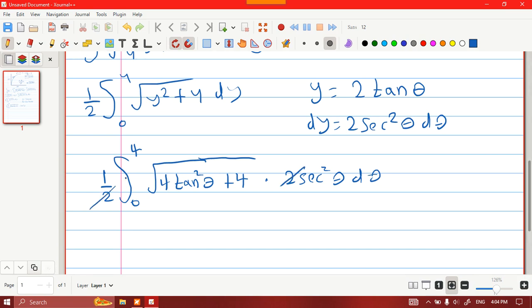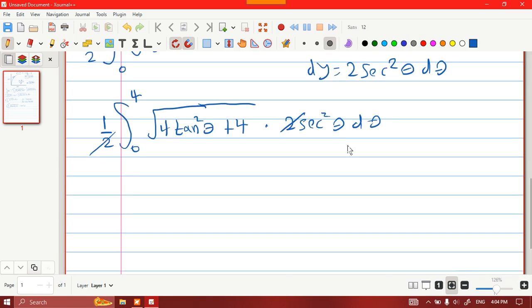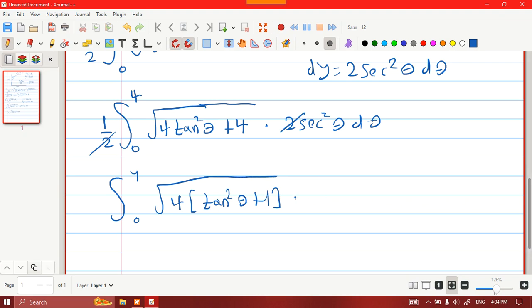The 2 will cancel the 2 outside, and I'm going to take 4 as common factor, yielding tangent squared theta plus 1 times secant squared theta d theta.